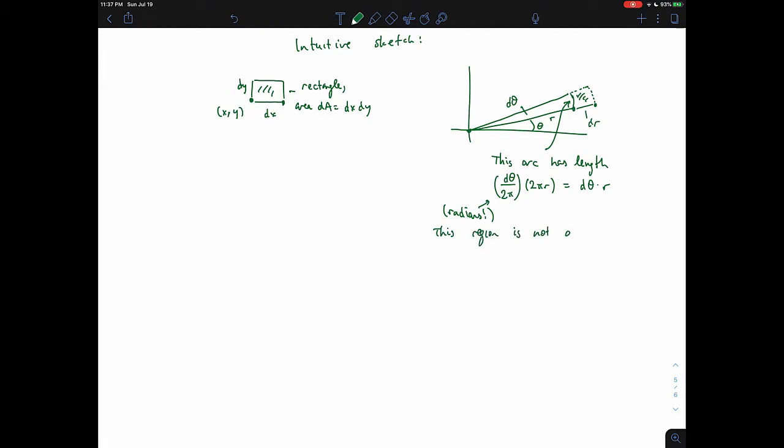This region is not a rectangle, but as long as dr and d theta are small, it's close to a rectangle.